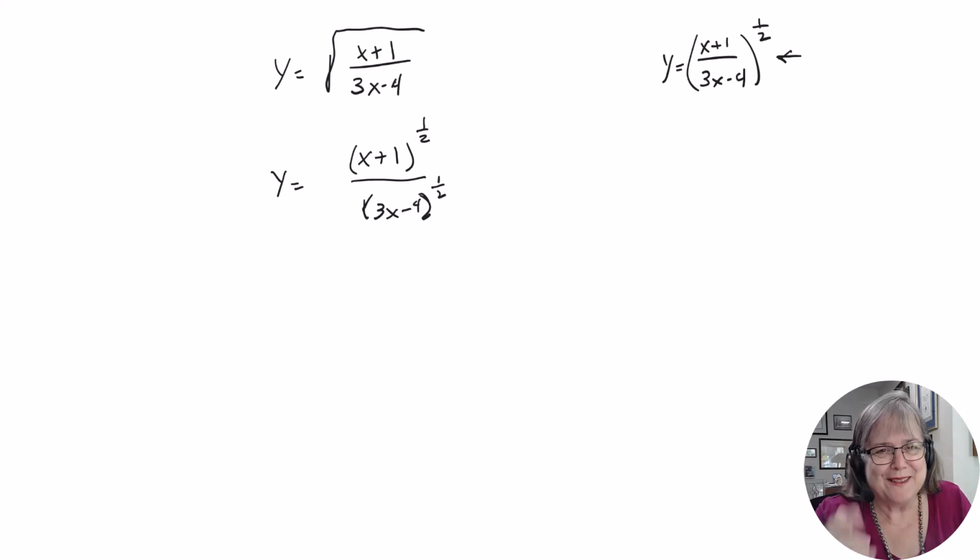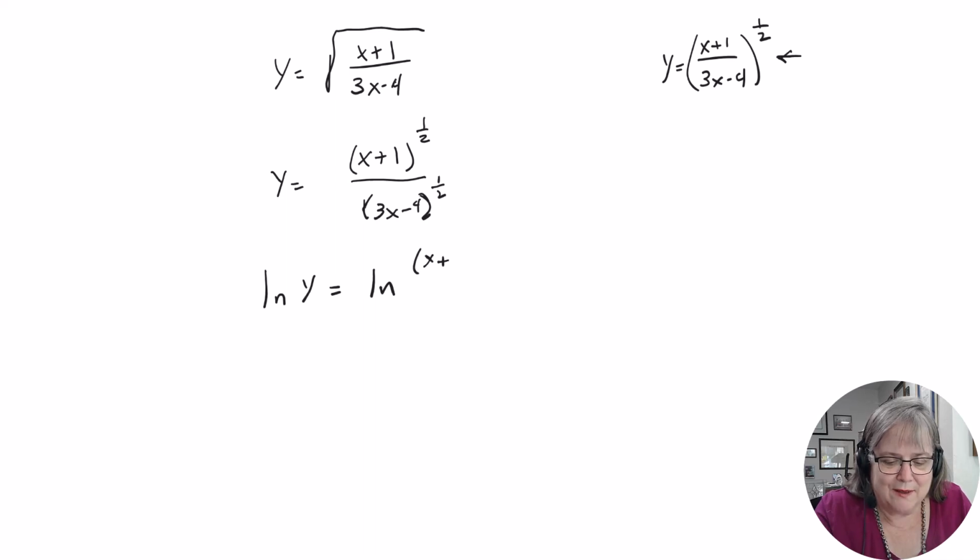Okay, so let's just take the natural log of both sides. You just have to sort of, like I keep saying, find your humor where you can. So just like we can square both sides or multiply both sides by 2 or square root both sides, we are going to take the logarithm of both sides.